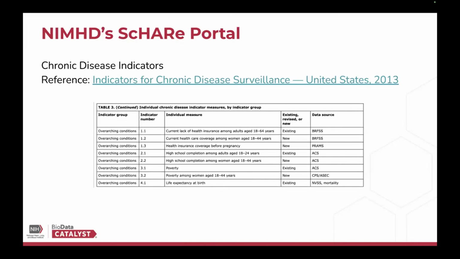We're going to show you how we linked the ScHARe data and specifically this chronic disease indicators data set to a BioData Catalyst analysis that uses TOPMed data, which is another NHLBI program, to perform a gene-environment interaction study where the environment that we're curious about in gene-environment interaction is brought by this particular variable, indicator variable 1.1, the proportion or prevalence of lack of health insurance among adults aged 18 to 64 years.